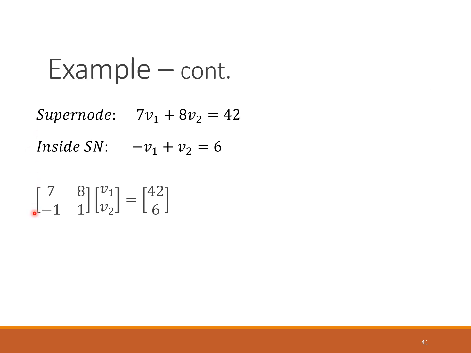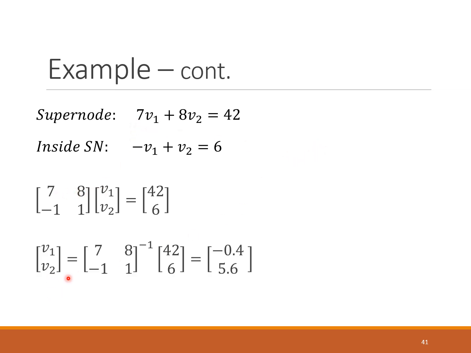The second row of our coefficient matrix comes from our second equation, in this case, -1 and 1. We have our variable matrix, V1 and V2, our two unknown values. And then we have our constants, 42 and 6. Again, we need to make sure that the 42 is in row 1 because the 7 and 8 are coefficients from our first equation. So then we solve for that.